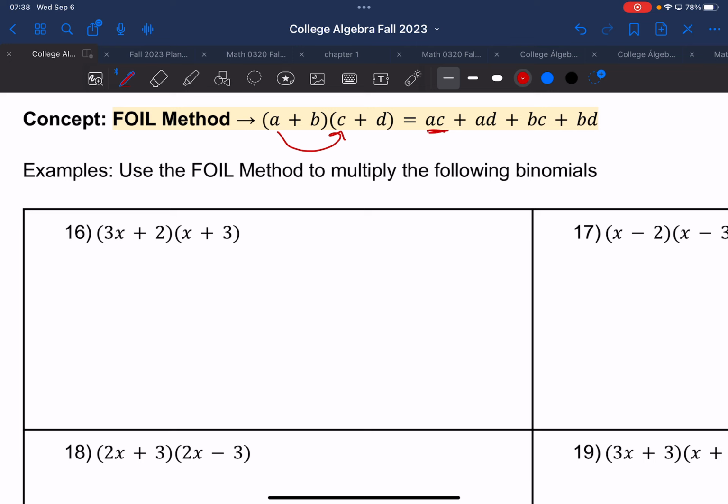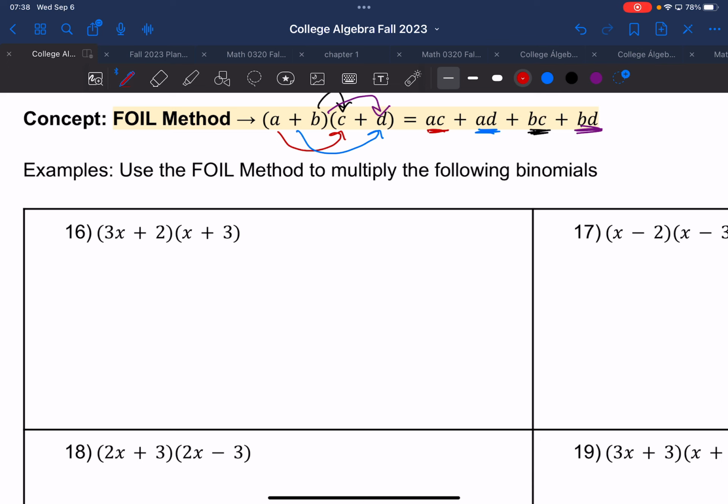A times c, and then A times D, and then B times C, and B times D. So pretty much what we're doing is that we are distributing the first term, A, and then we're distributing the second term, B.